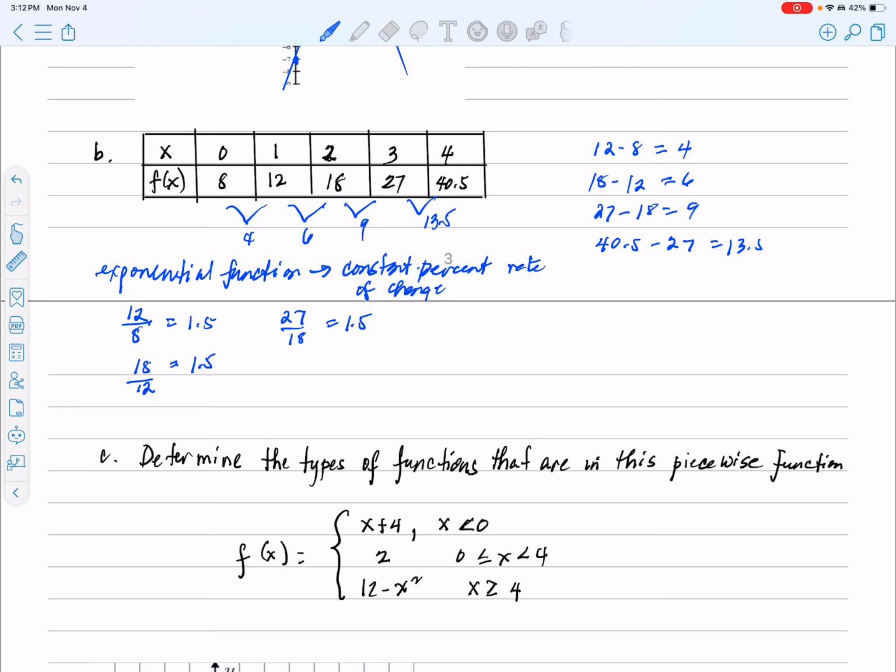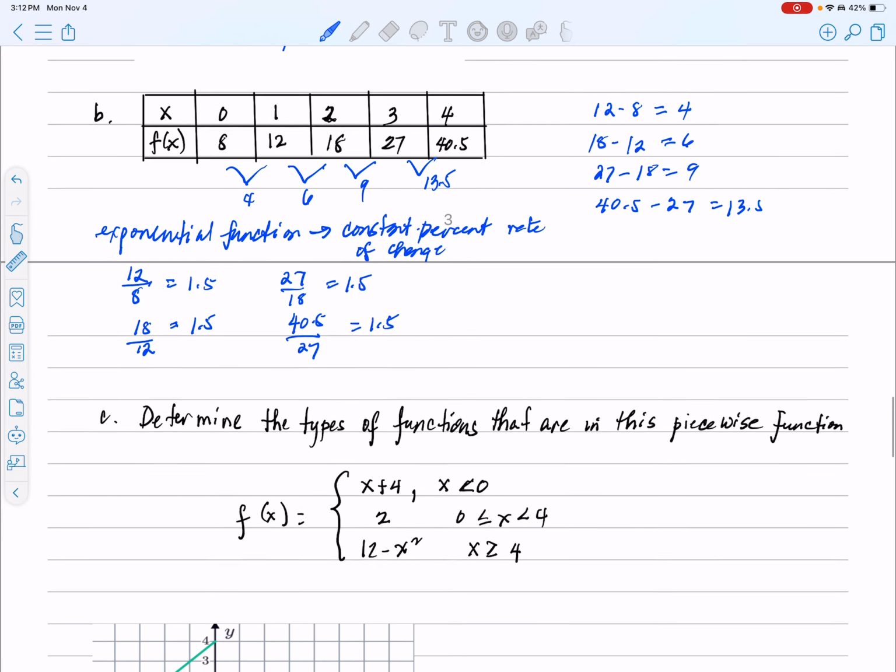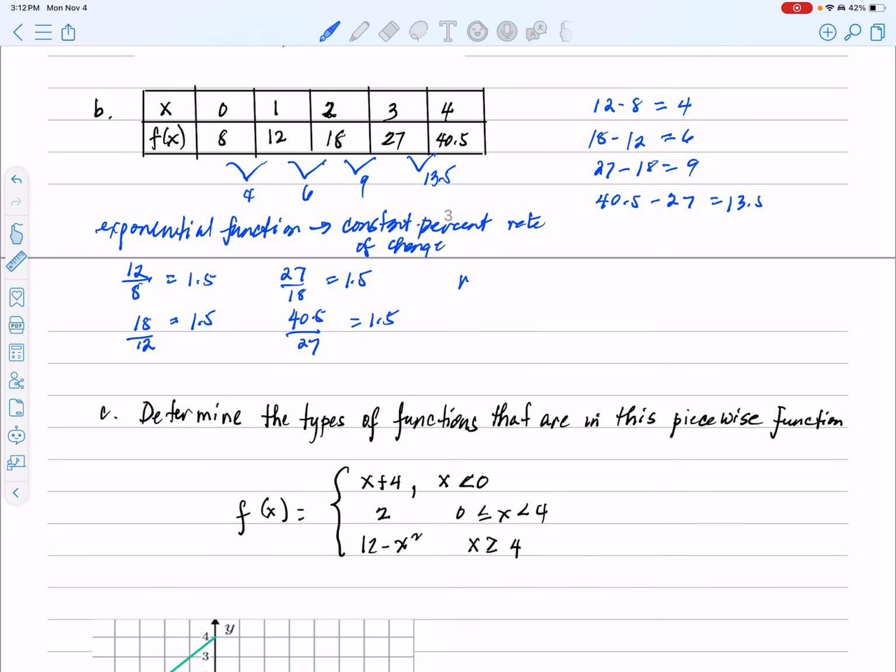And then 40.5 divided by 27, we get 1.5. Since the ratio of the outputs is the same, therefore, this is an exponential function.